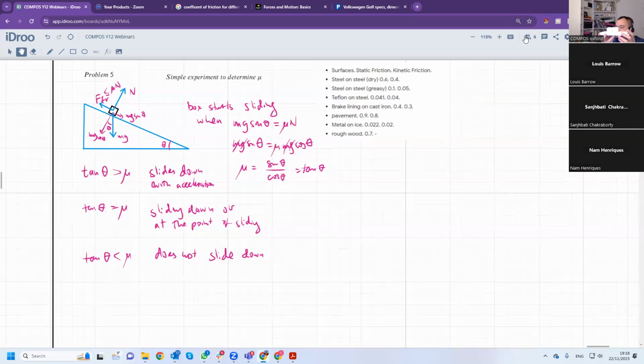Take the slide and the box, move it up and down to change theta. Find the angle at which it starts sliding. Absolutely. Find the angle at which it starts sliding and measure that angle. And the tangent of that angle is mu.